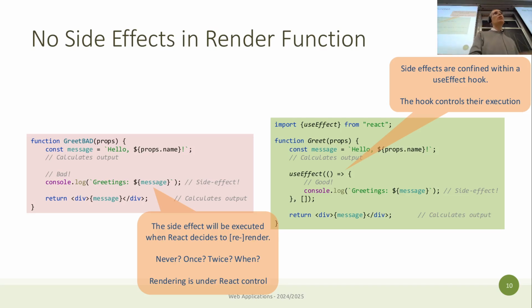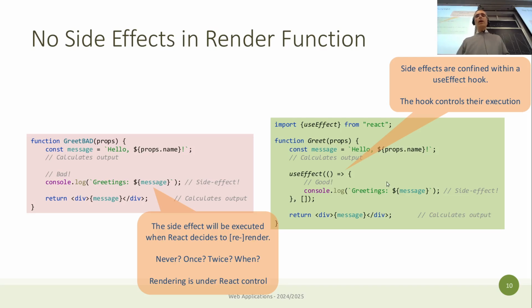It can be something more complex, as I told you, load data from the server and so on. Where do you put the code? You restrict the code to be inside the useEffect hook. The first parameter that you pass is a function that will be executed at a certain point in time by React.